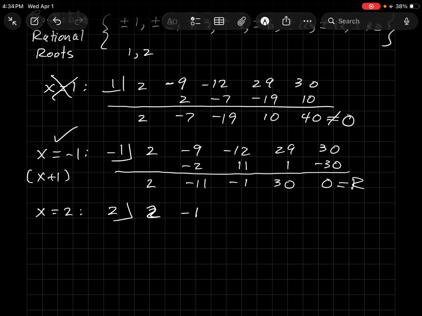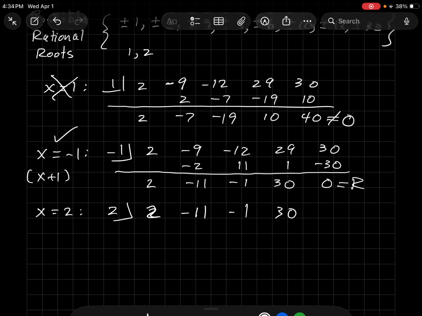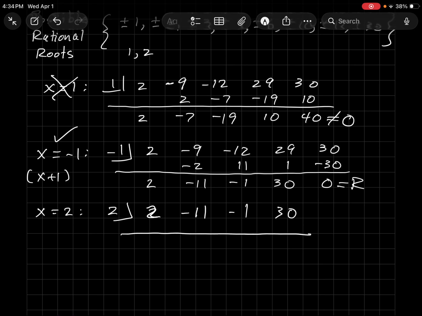Minus 11x squared minus x plus 30. Whoops, let's put a 1 there instead of an x. So we can do this, the synthetic, on what's left over instead of the original one. It's just going to save us time.